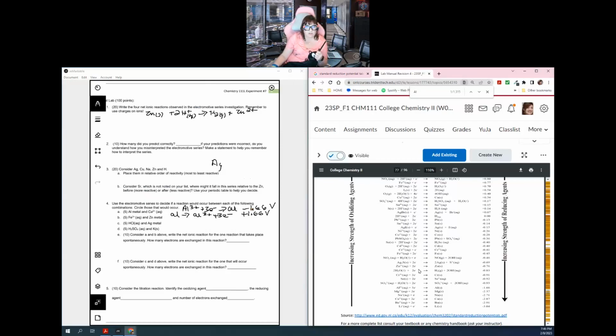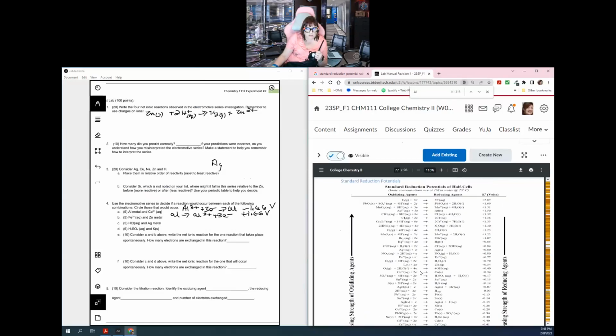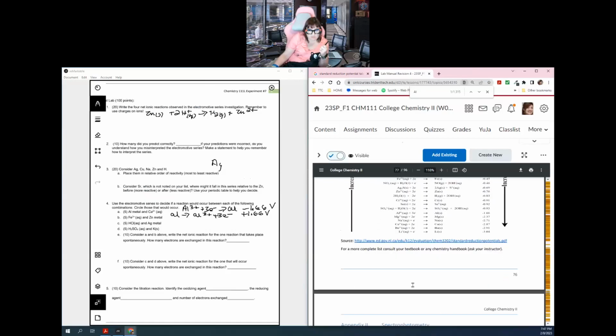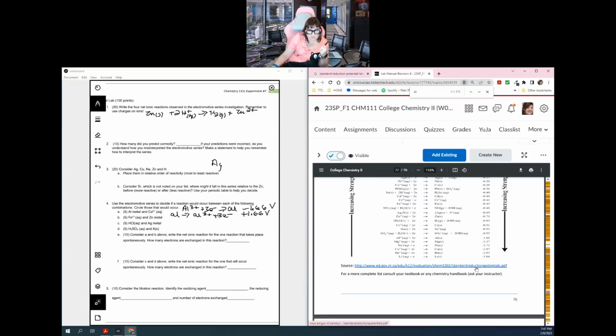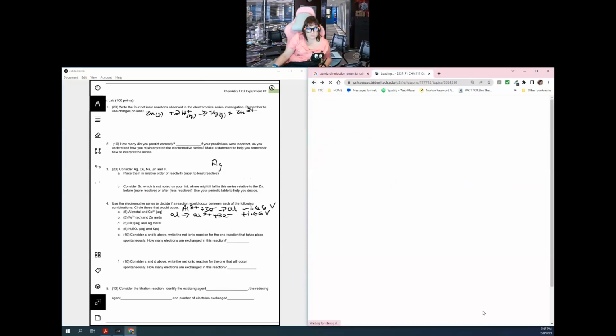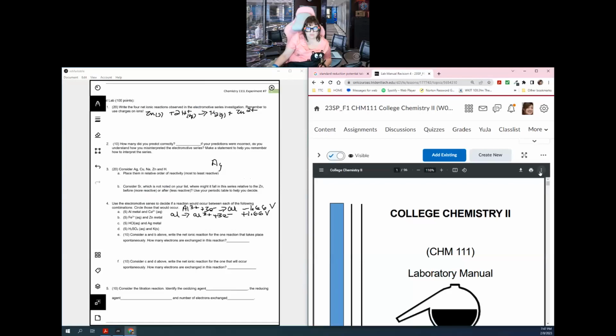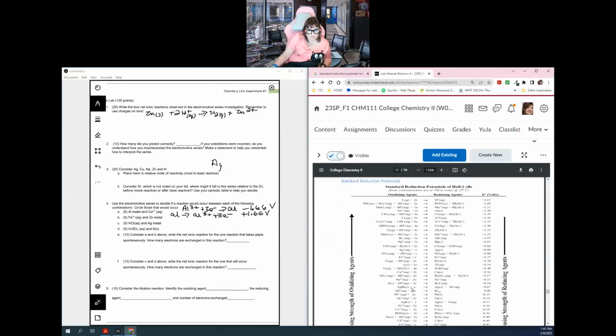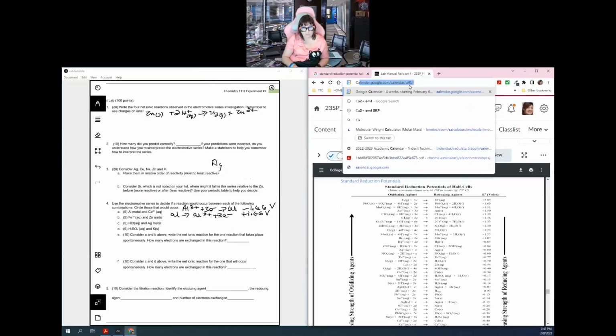And then we look at the Ca2+ metal, or it's somewhere, where is Ca2+? Ca.